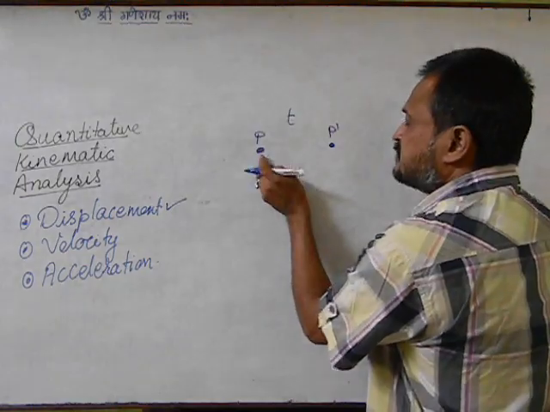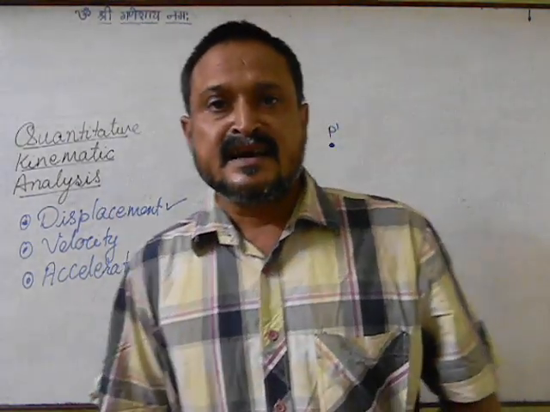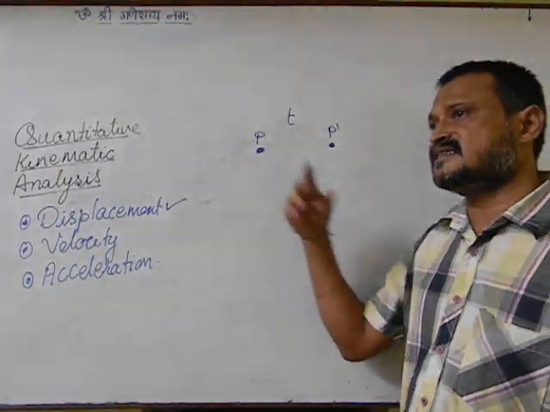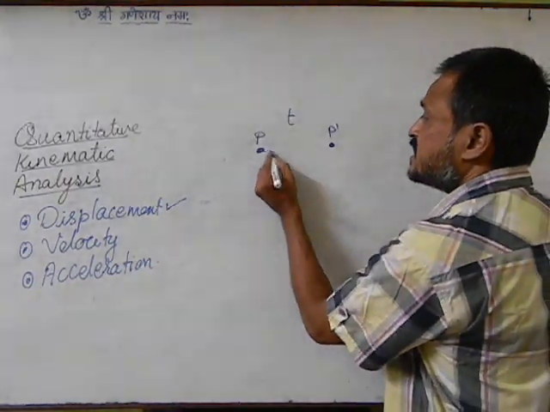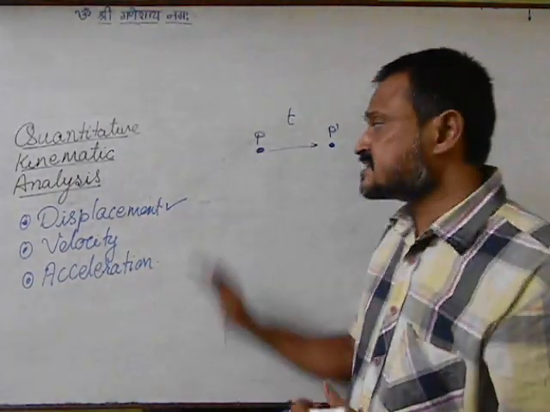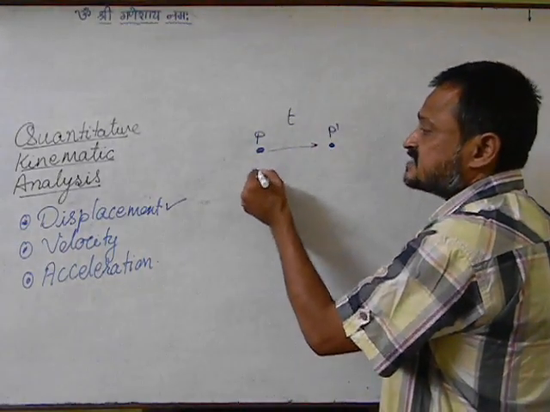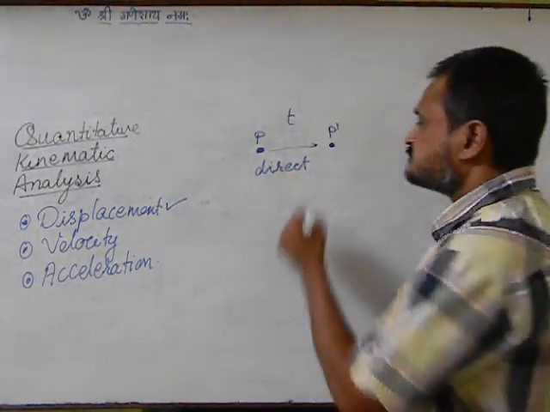So that means I can say that at a certain time, this particle P has been displaced from its original position. So at another instant of time, I find it at a different position. So I can make out that it has, let us say, moved to the left. Fine, that means displacement definitely has a direction, right?